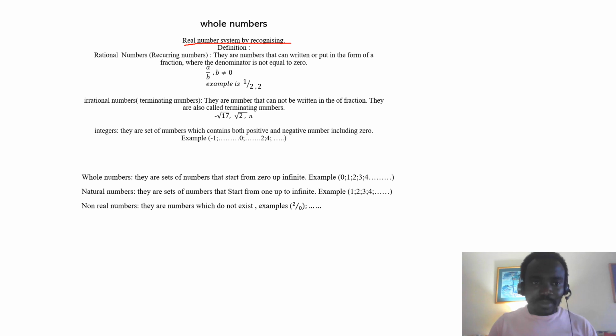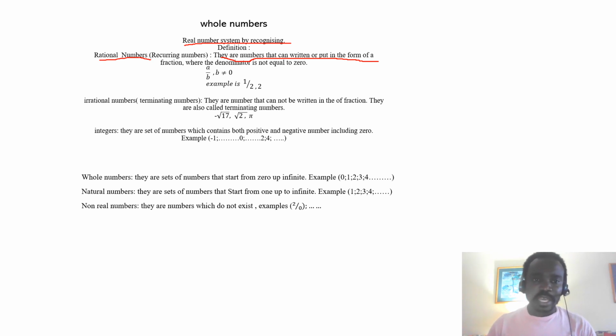Under the real system, there are two kinds of numbers. We have the rational number and irrational number. Rational numbers are numbers that can be written or put in the form of a fraction where the denominator is not equal to 0.